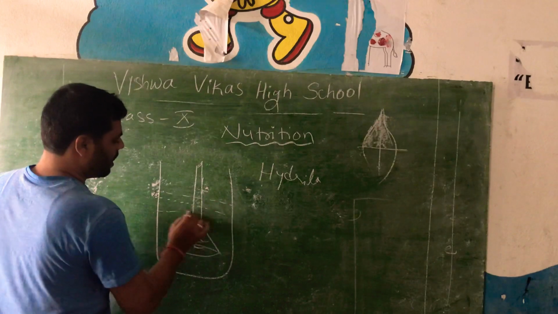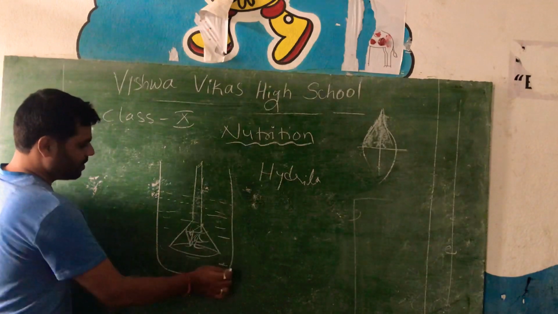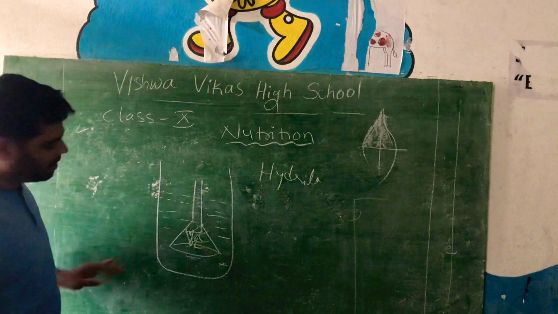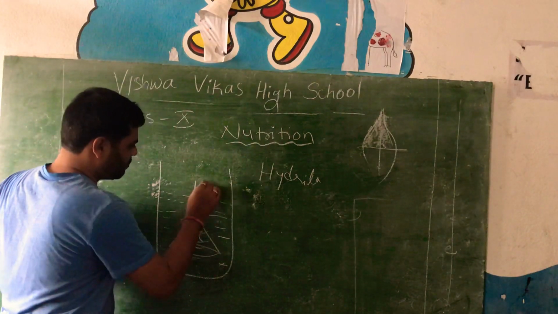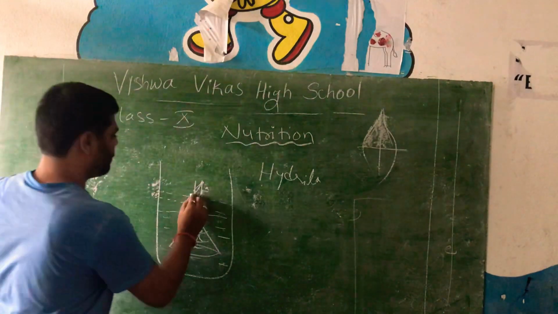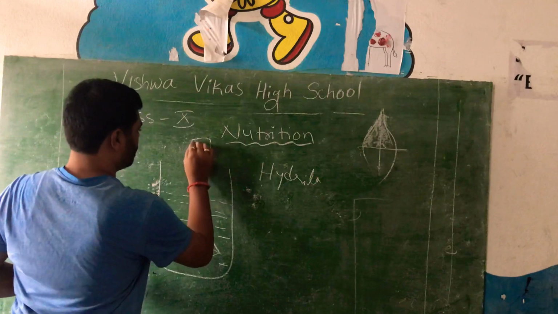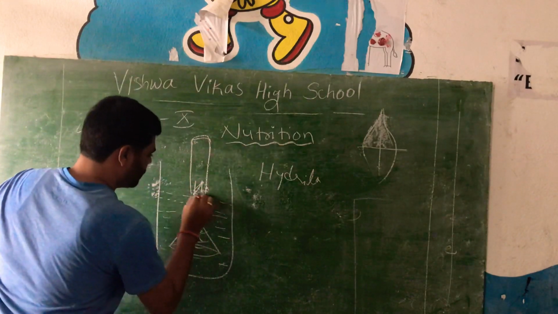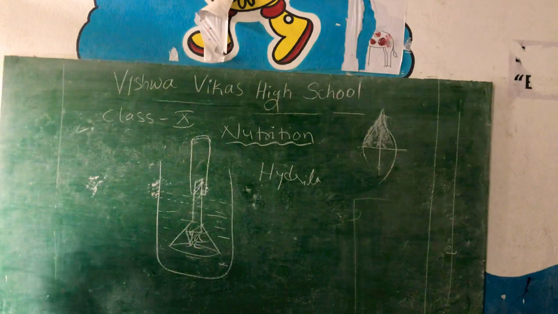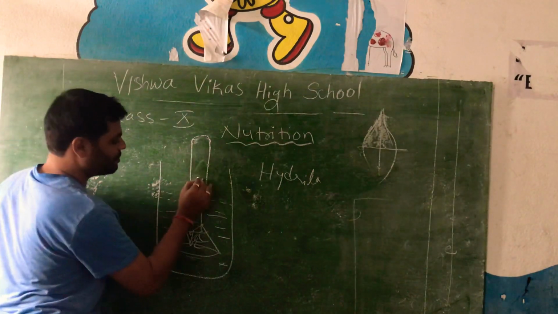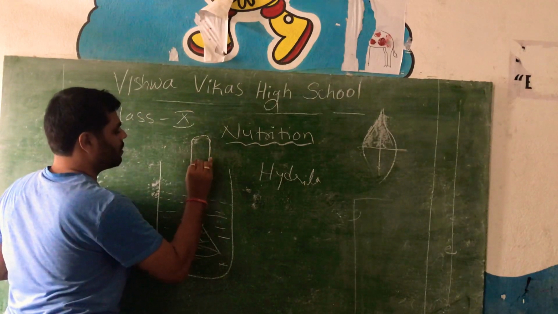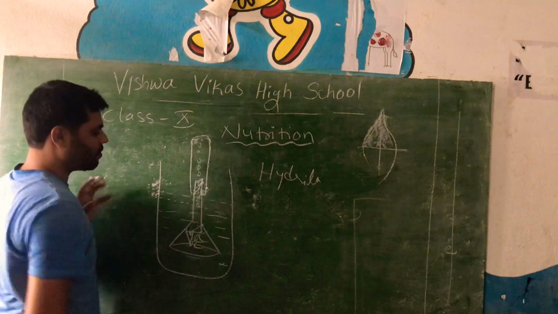We pour water up to a certain level, and we need to take a test tube and keep it inverted over the funnel, like this. Whatever the bubbles we observe in the space inside are nothing but oxygen bubbles.